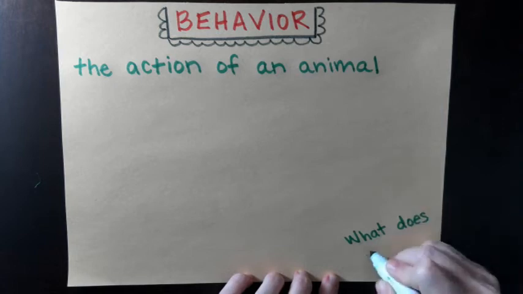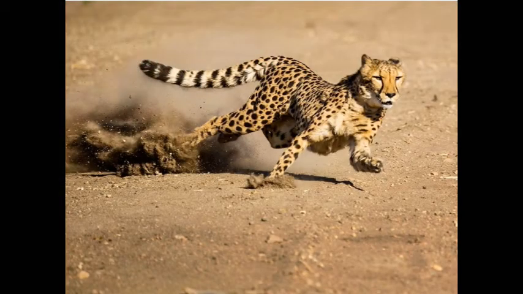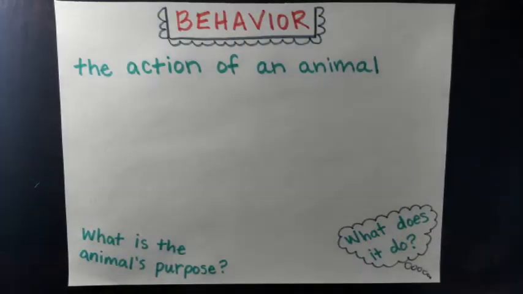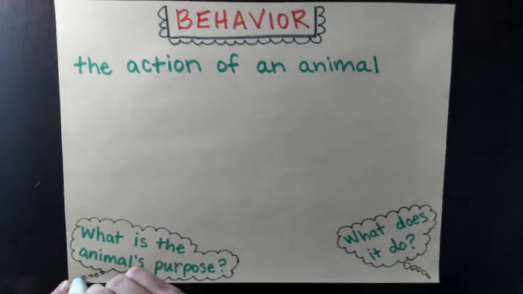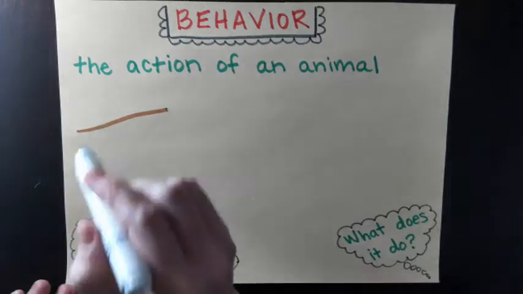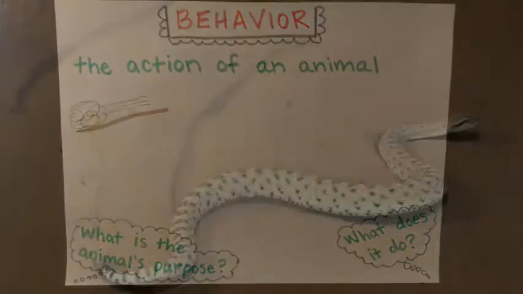There are some animals that run really fast, and that might be to go chase after a meal if an animal is hunting, or that might be a defense mechanism. If an animal is being chased, then they need to run really fast in order to get away so that it's not being eaten. Snakes don't have legs, so they have to slither.